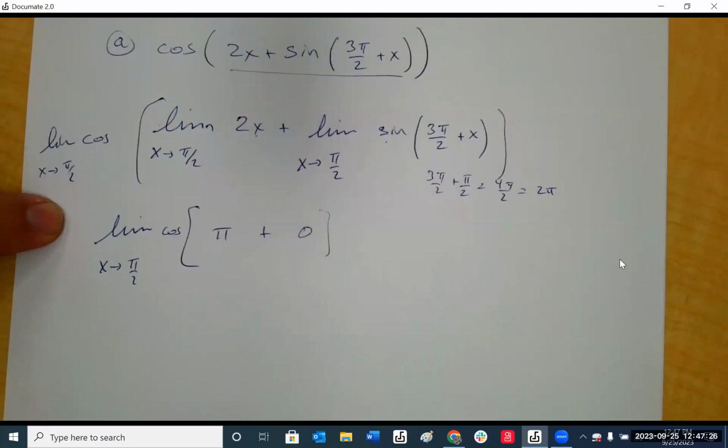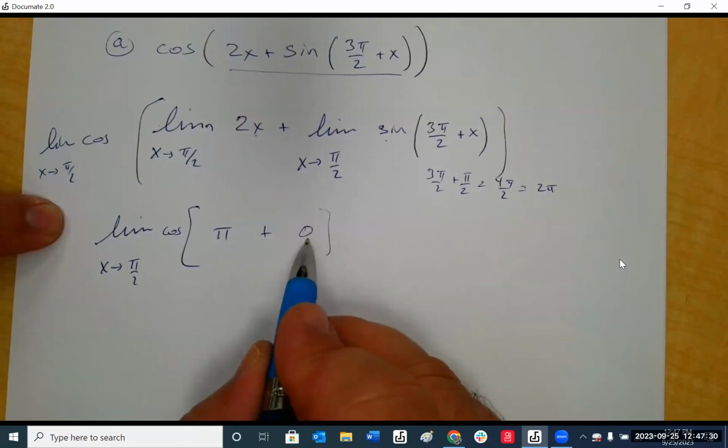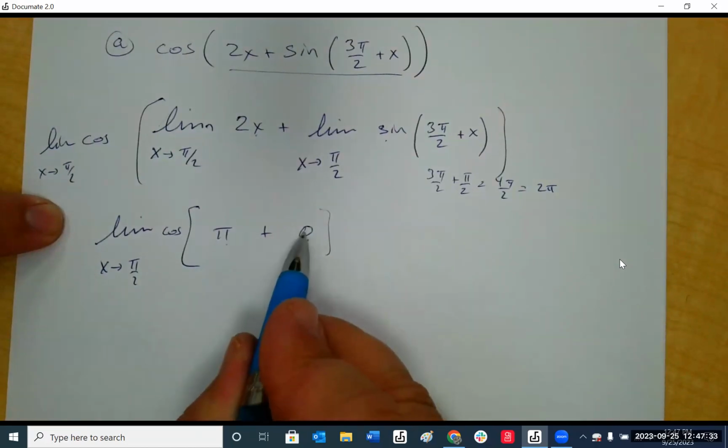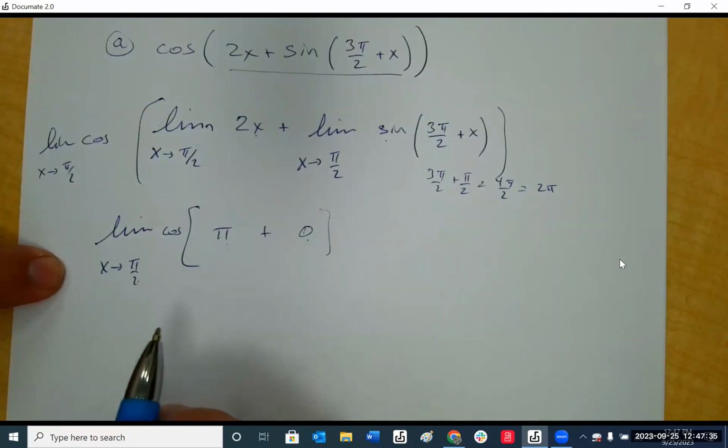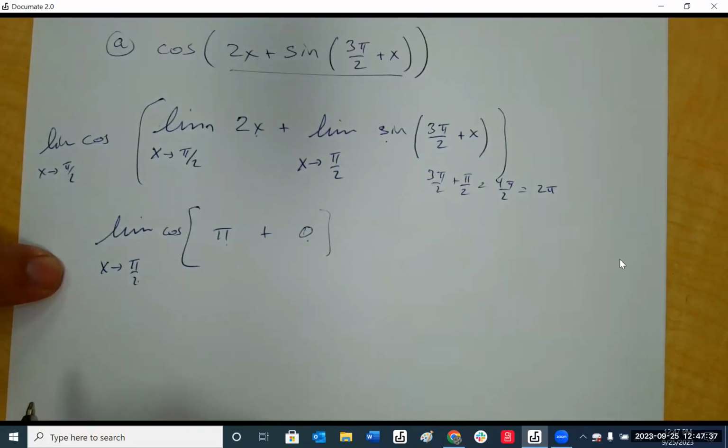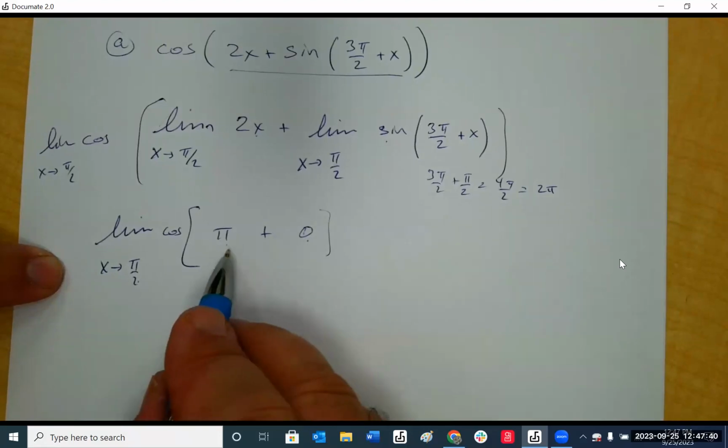Pi plus 0 equals pi, so we have cosine of pi. Cosine of 0 equals 1, and cosine of pi equals -1, but we're looking at pi over 2. There aren't any more x's in there.